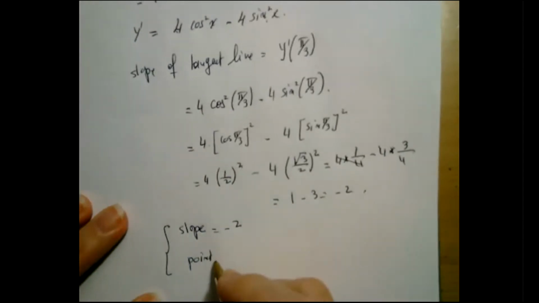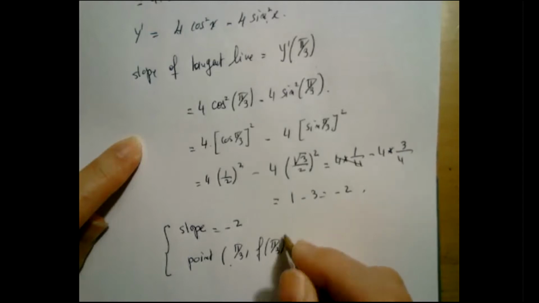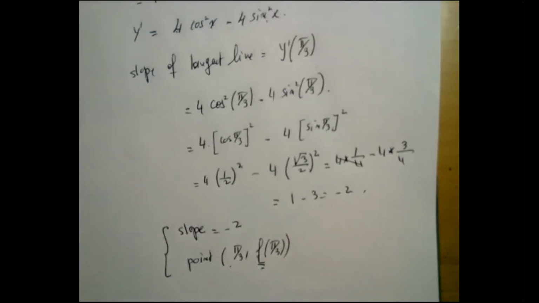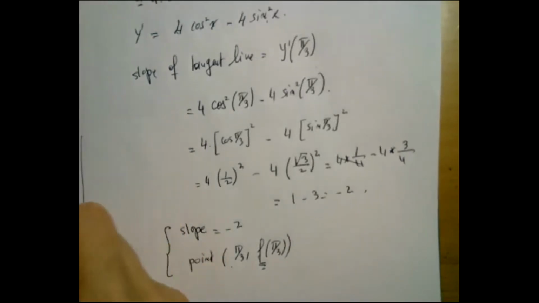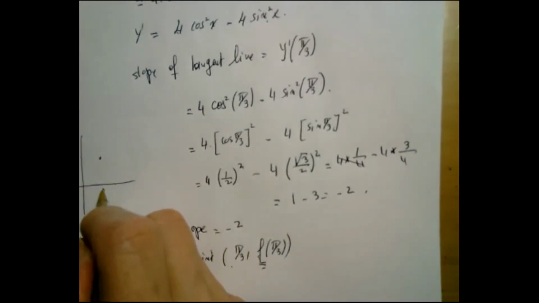The point is the point on the curve. So it's pi over 3, f of pi over 3, the function f at pi over 3. Because we need the tangent to the graph, I need to know what value the function takes at pi over 3.